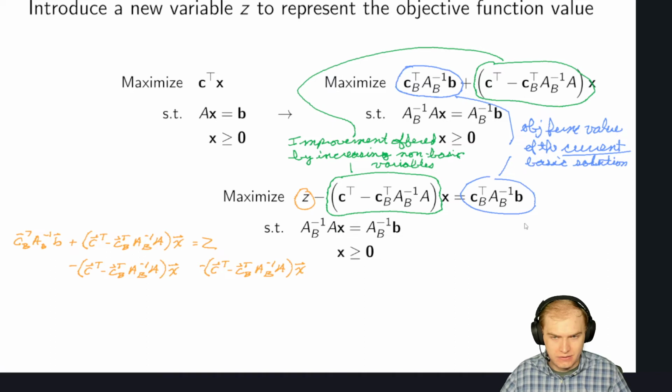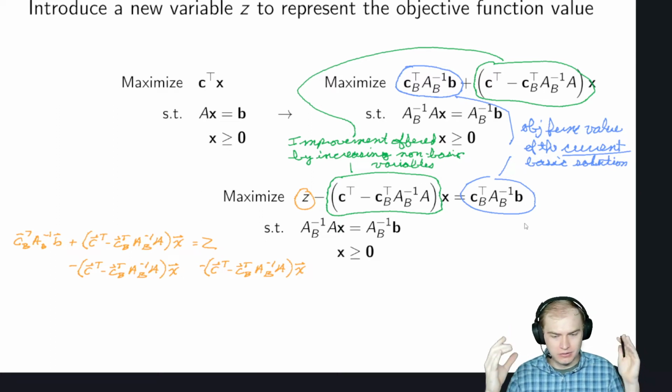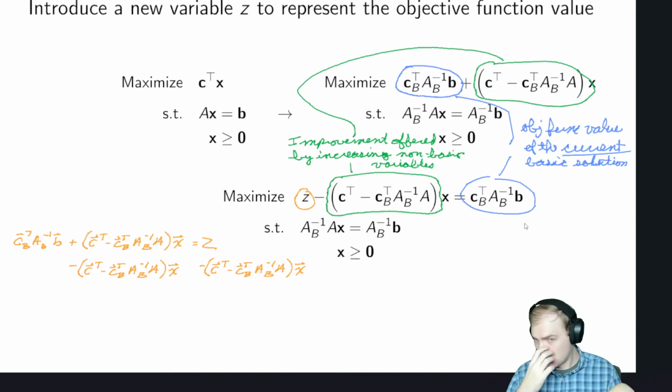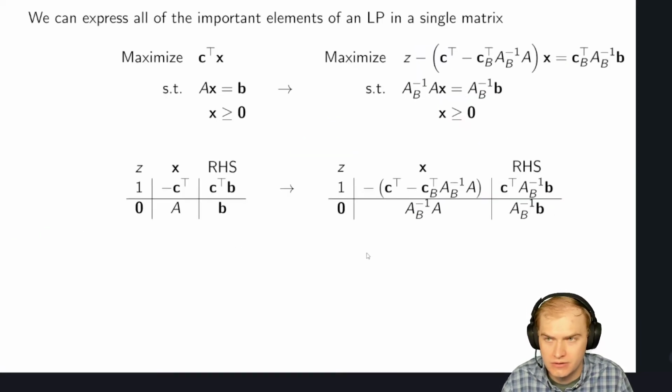Now I've done this so that we can have one big matrix that will express our objective function and our constraints without having any empty elements. So, yeah, let's move on to how this actually looks.